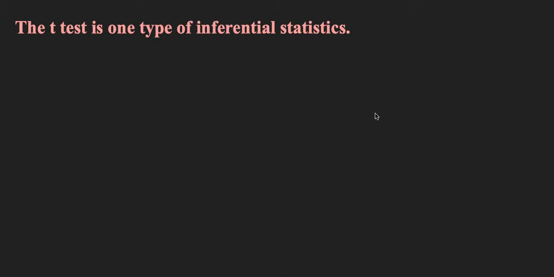So we have a population, from that population we take a sample, from that sample we draw inferences, and then we generalize those inferences to the whole population. From this very small sample we are drawing one conclusion, and that conclusion we generalize to the whole population. That is why the t-test is one type of inferential statistics. It comes under inferential statistics, not descriptive statistics.